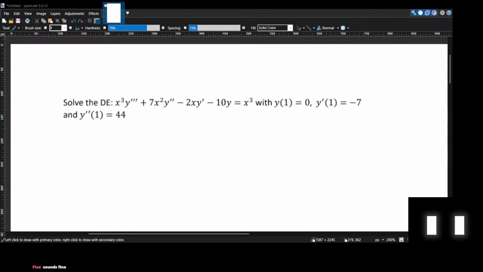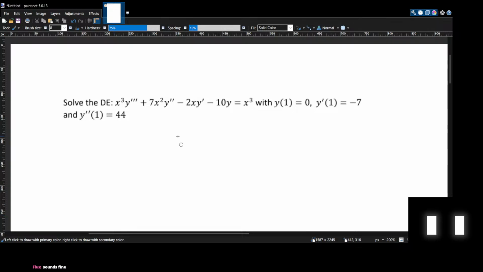If there's a little bit of fan noise, it shouldn't be too much. Alright, so let's solve this differential equation. Oh yeah, there is fan noise. Is it too much? But like bearable.